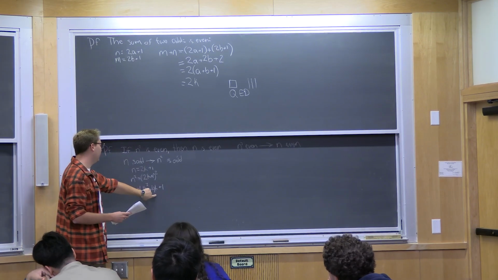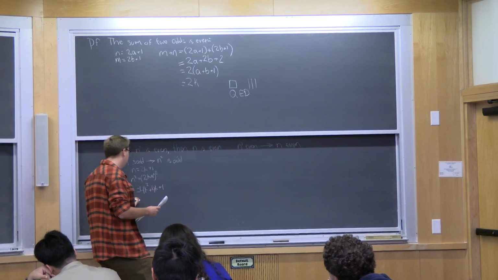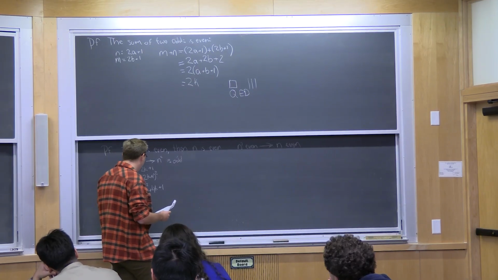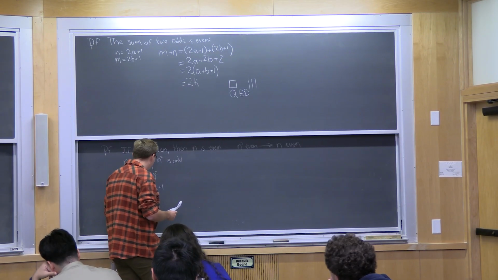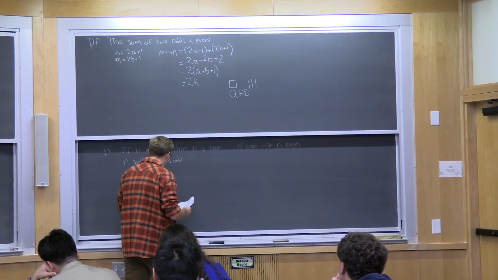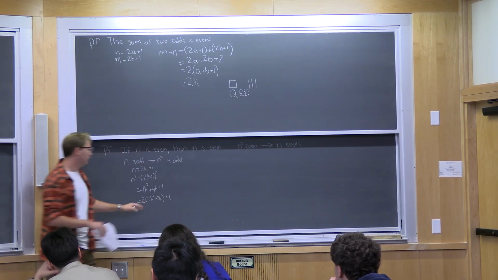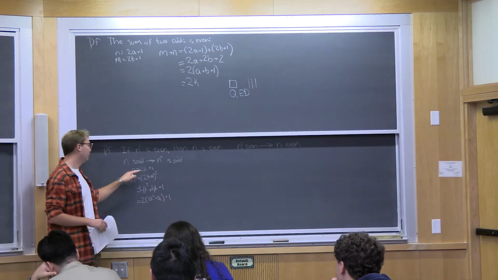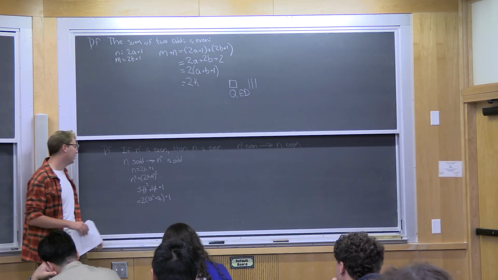Then we're going to factor a 2 out of just these terms, so 2 times (2k squared plus 2k) plus 1. And this should be a little reminiscent of our initial definition of an odd number.